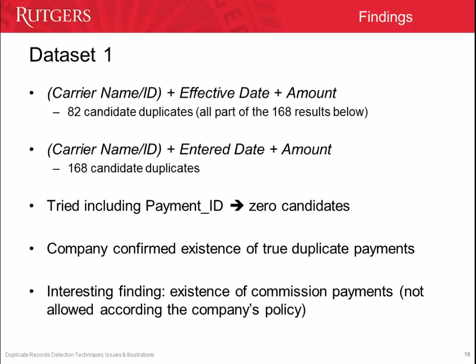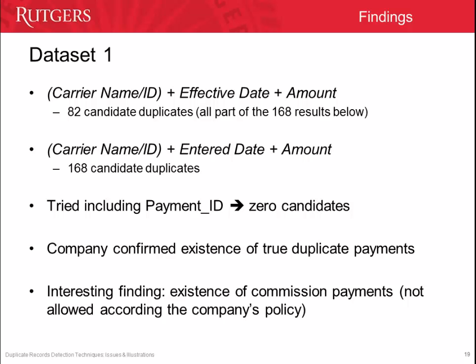When we used the entered date, the number of candidate duplicates went up to 168. After consulting the company, it turned out that all the 82 candidate duplicates were part of the 168 from the second combination. We tried including payment ID.